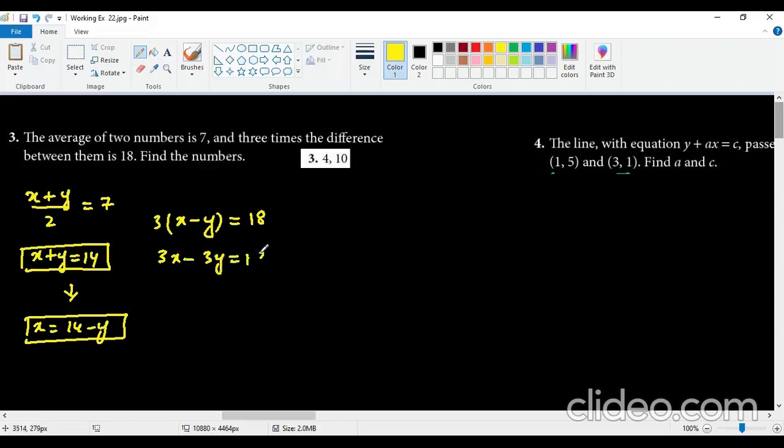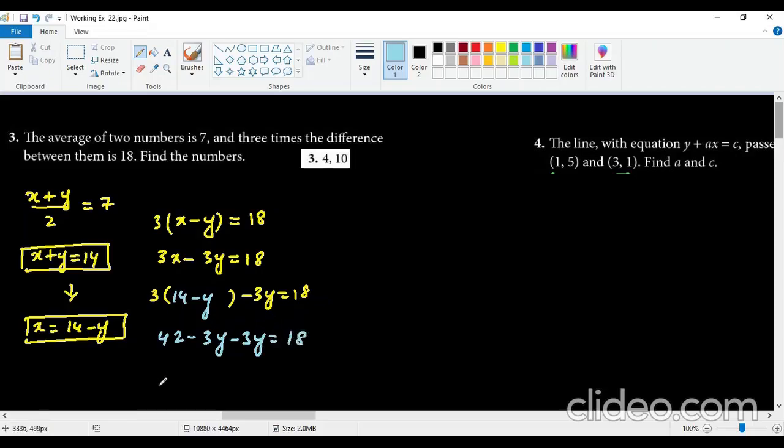That means 3 times the value of x, I will write in the bracket, 14 minus y. So this gives us 42 minus 3y, and minus 3y equals 18.